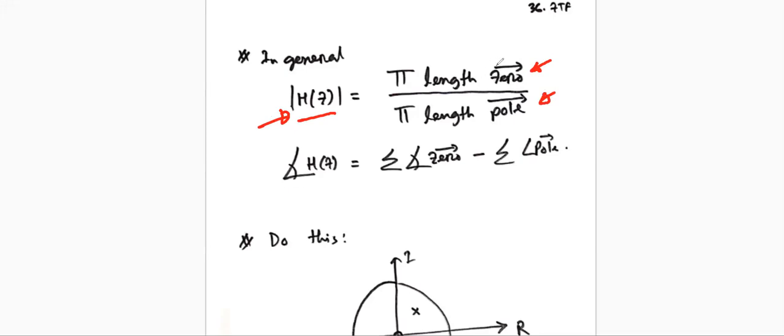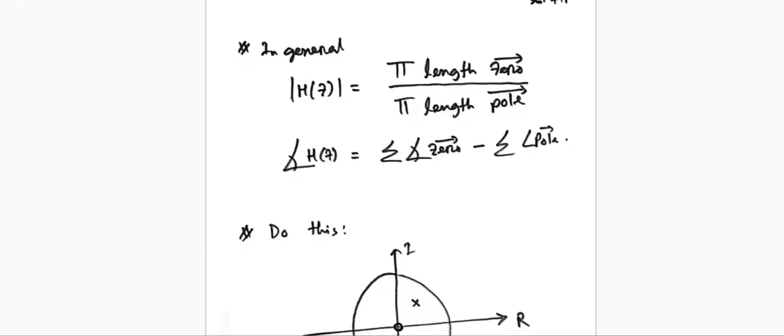If you have multiple zero locations, we need to multiply the lengths of each of those in the numerator, and in the denominator, the distances from the pole locations, and you need to multiply those things. So we have discussed it with examples in the last class.